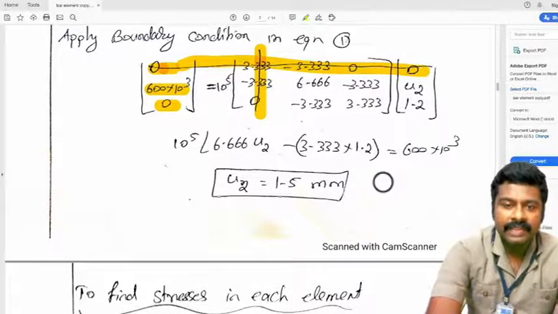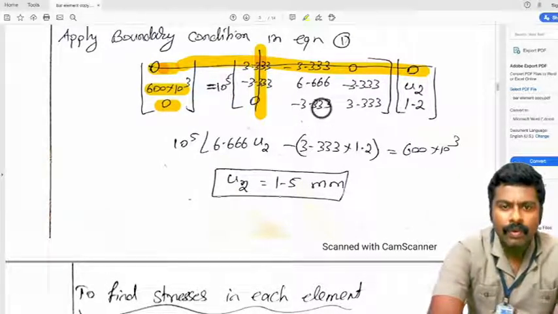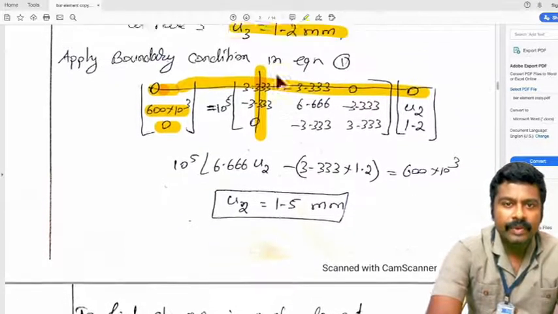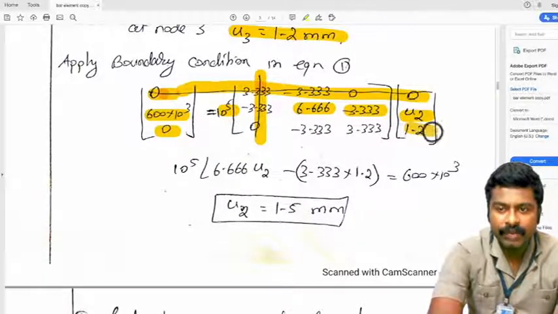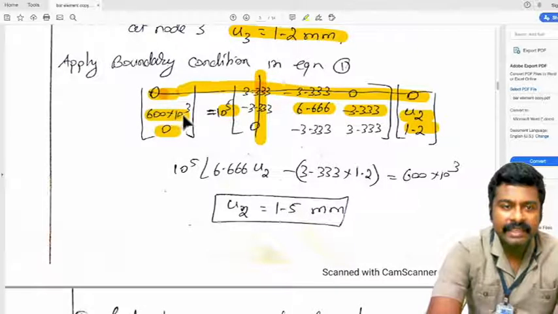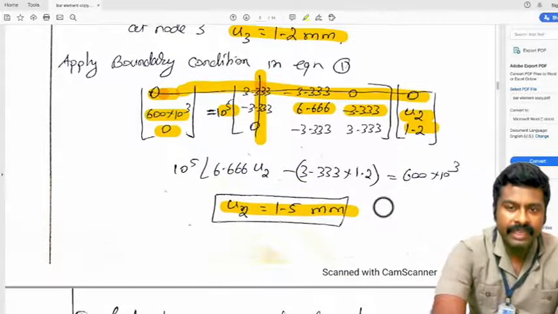Then the value yields: 10 raised to 5 into 6.66 into u2 minus 10 raised to 5 into minus 3.33 into 1.2 equal to 600 into 10 cube. Therefore solve these equations, simplified you will get u2 equal to 1.5 mm.